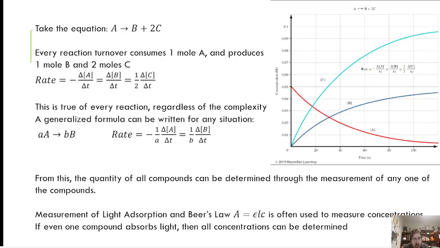So for a generic reaction, little a, which is the coefficient of A, goes to little b of B. The ratios of their rates is simply an inverse of their coefficients. So if it's a 1-to-1 ratio, the rates are the same. The only difference is one is negative and one is positive.